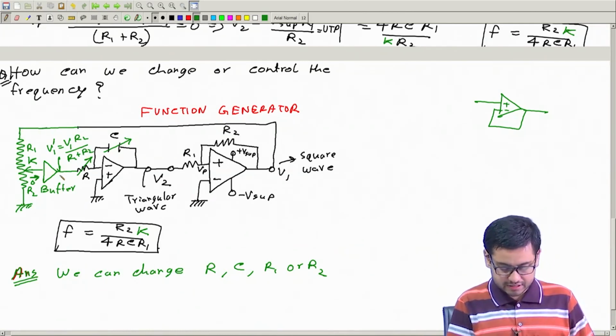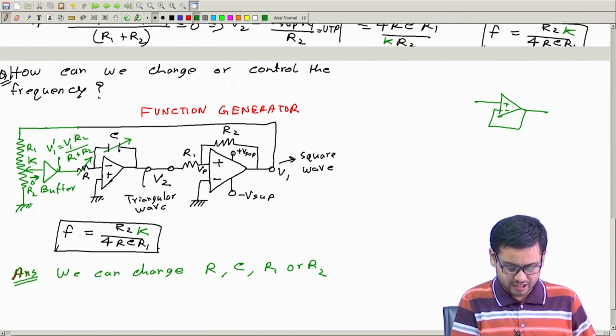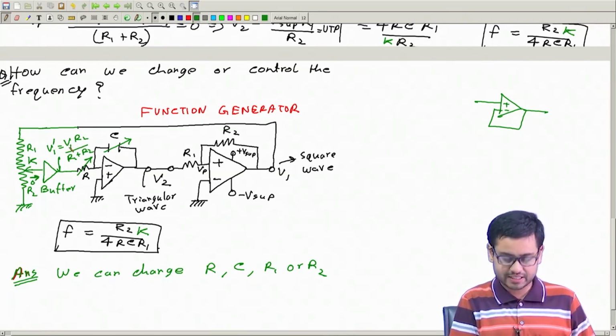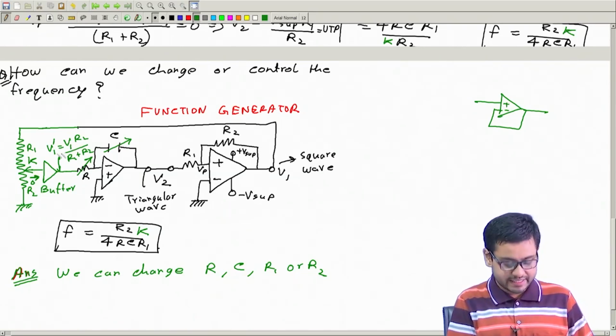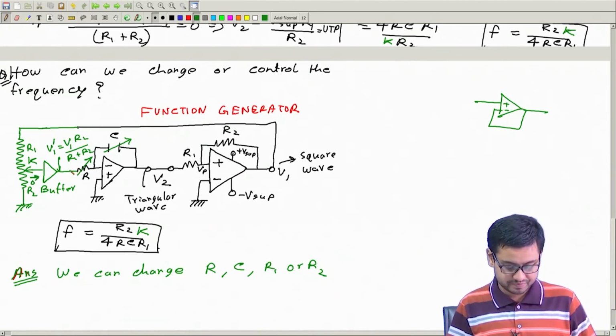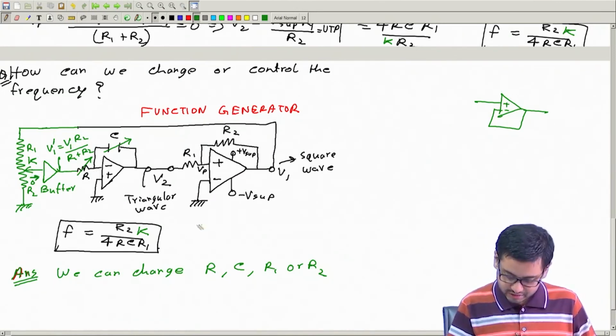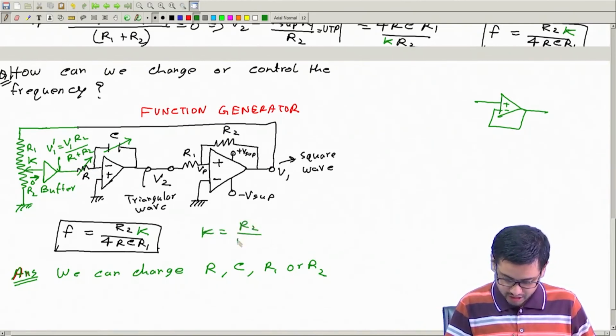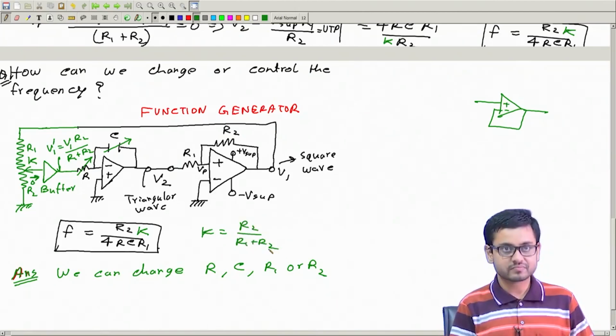And if I do not have a buffer, then some current will be drawn, and this equation will not be exactly true. But yet it can control this voltage and the frequency. So here k is this R2 by R1 plus R2.